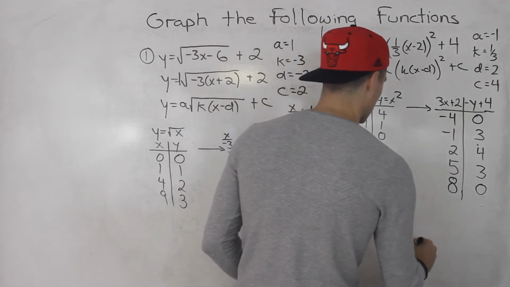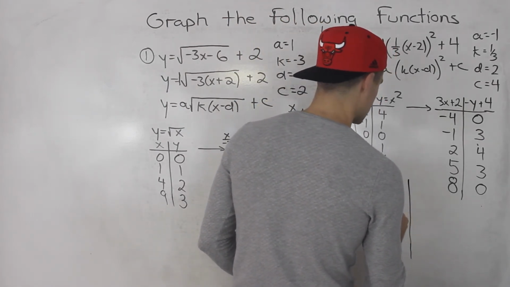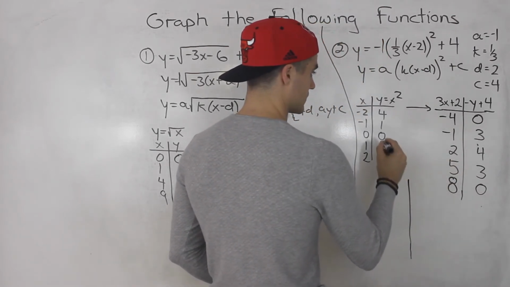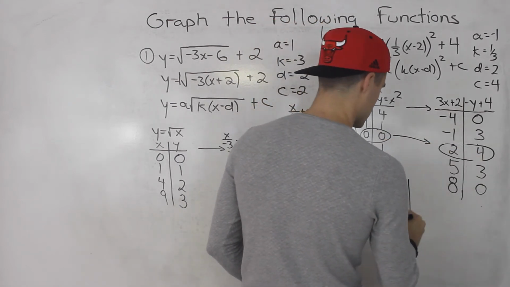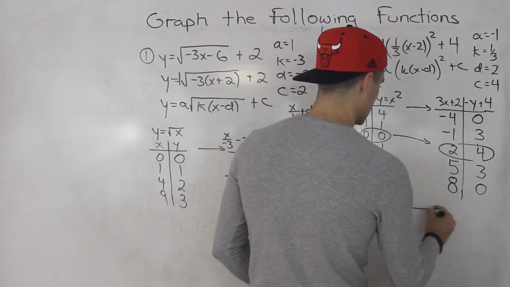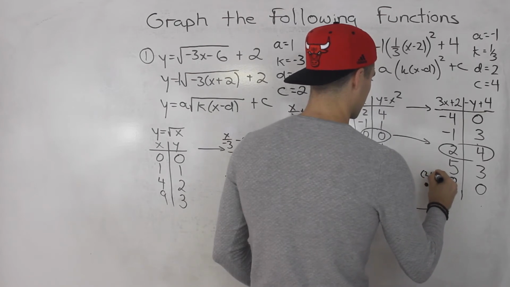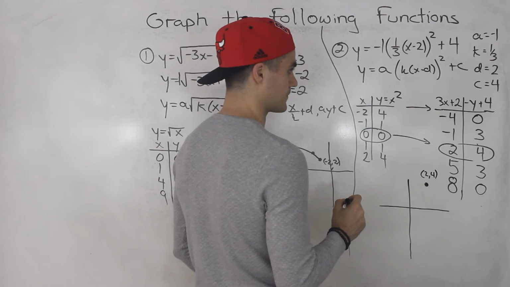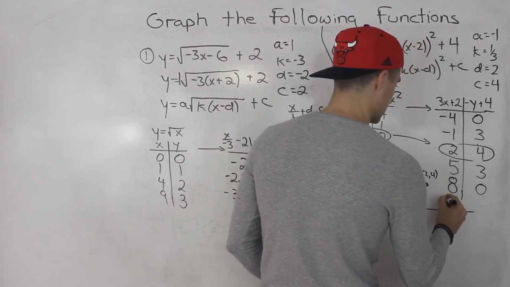And now we could just simply graph these points. Now this parabola, the vertex is going to be at 2 and 4. Notice that this vertex gets transformed to this vertex. So let's put that up here, 2 and 4. That's the vertex. And then we'll have 5 and 3, which would be like here.